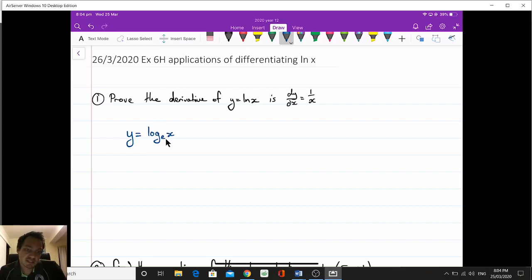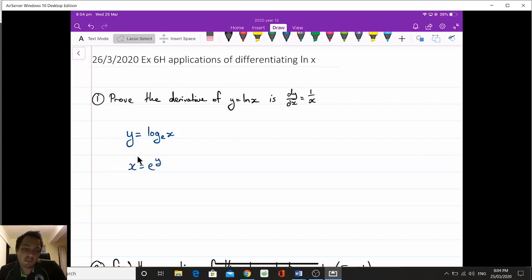We say the word base e because we change this so it's the base of e to the power of y is equal to x. So we rearrange this to be e to the power of y is equal to x. I might actually just write x on the other side. It's the same thing.